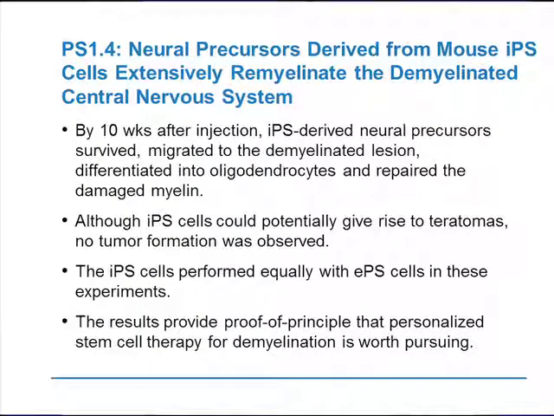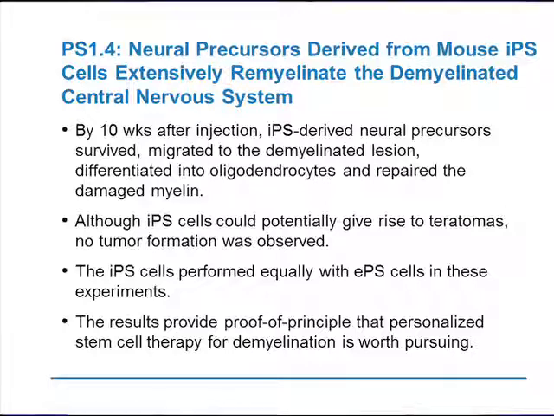By 10 weeks after the injection, the iPS cells survived. They migrated to the demyelinated lesion. They differentiated into oligodendrocytes and repaired the damaged myelin. Although the iPS cells could potentially give rise to teratomas, this is always a worry when stem cells are injected into tissue, no tumor formation was observed in these studies.